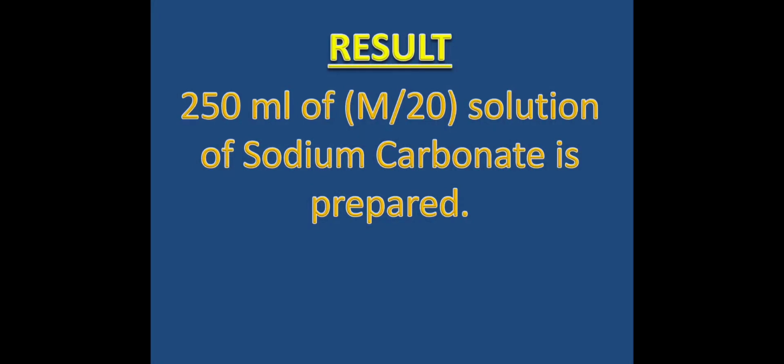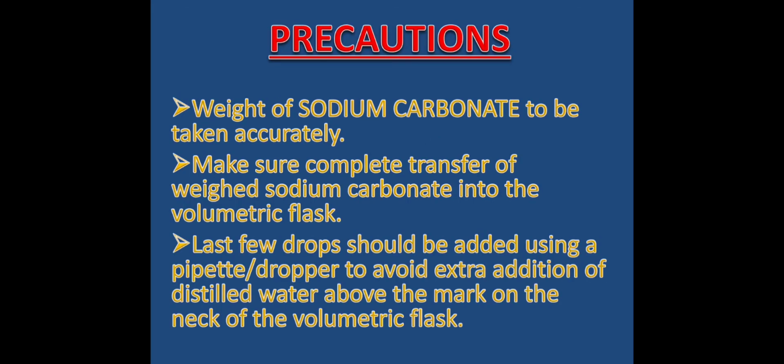After performing the experiment, now we come to the result. This solution can be marked as 250 ml M/20 sodium carbonate solution. Now there are certain precautions which must be adhered to. The first one is that the weight of sodium carbonate must be taken accurately.